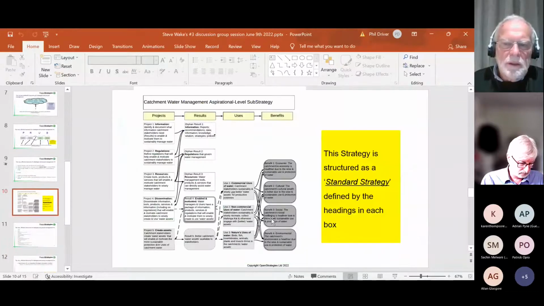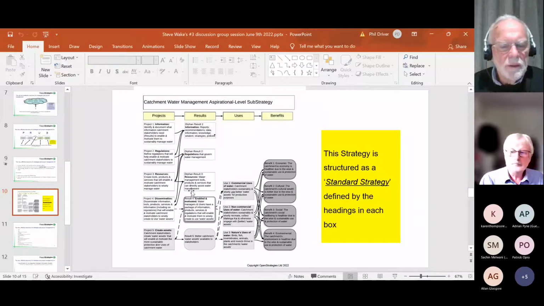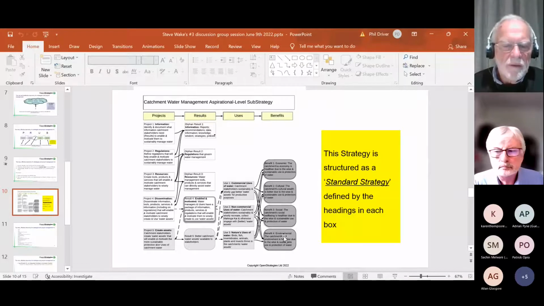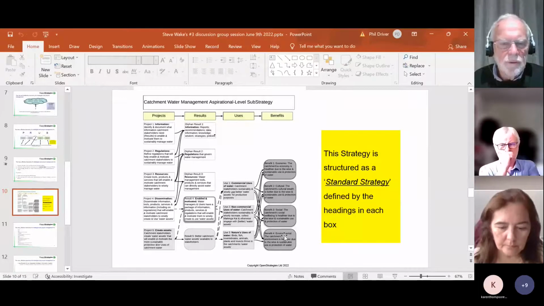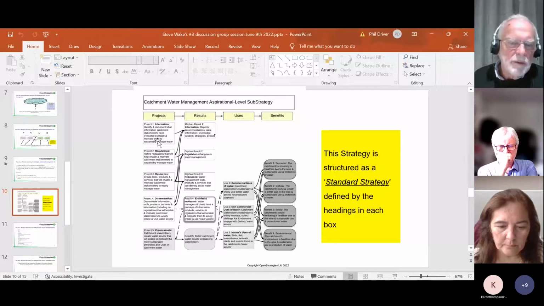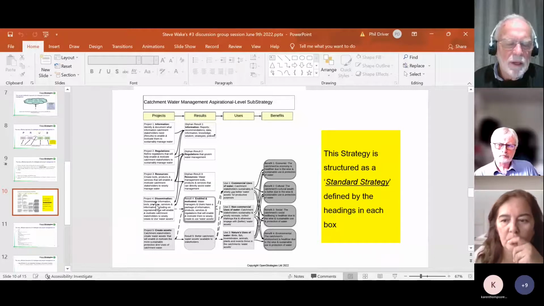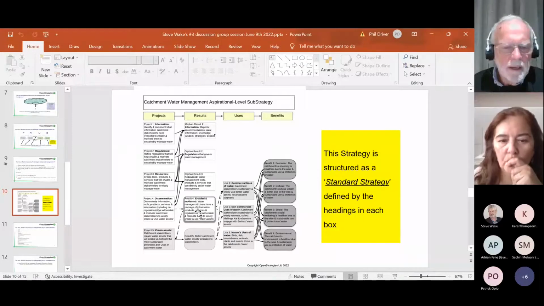And in our system, not only do we have PRUB, but we have rules for how you set them up into a full, what we call a sub-strategy. So we have a taxonomy and we have an information structure. And we found that strategies tend to have a standard format. So they have projects up here around information, regulations, resources, dissemination of all of that out to whoever's going to do the work, and then capital works.